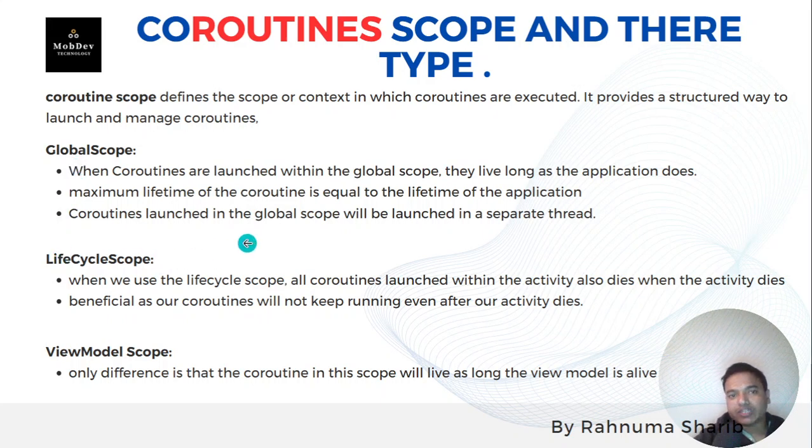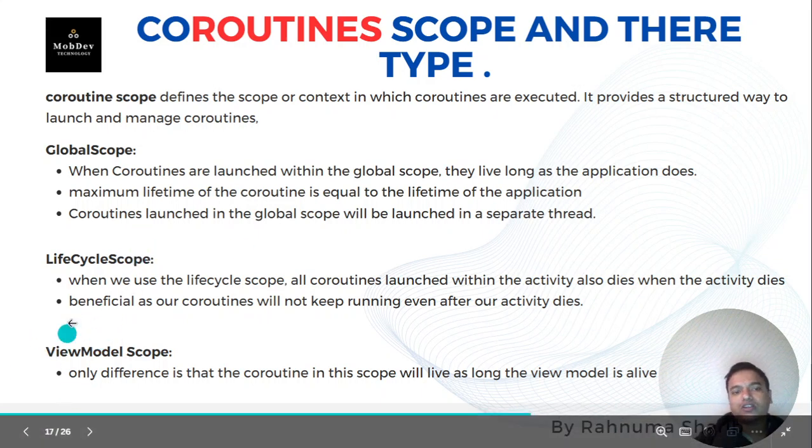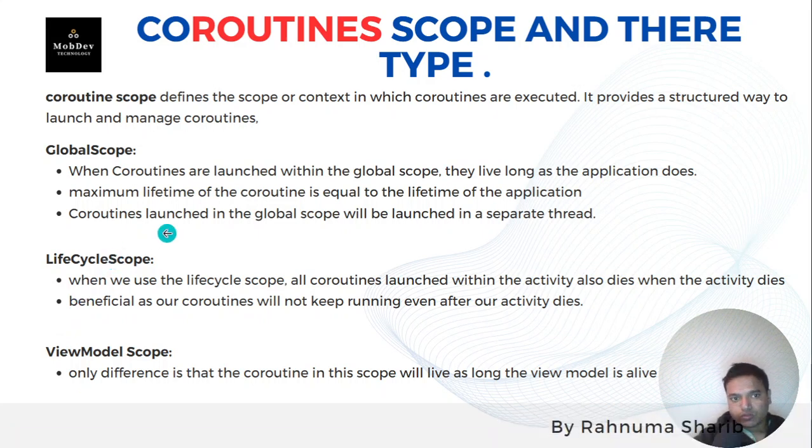Lifecycle scope will be activity-based, and view model scope will be view model-based. If you don't understand, just remember: global scope is available throughout the application, lifecycle scope throughout the activity, and view model scope throughout your view model.